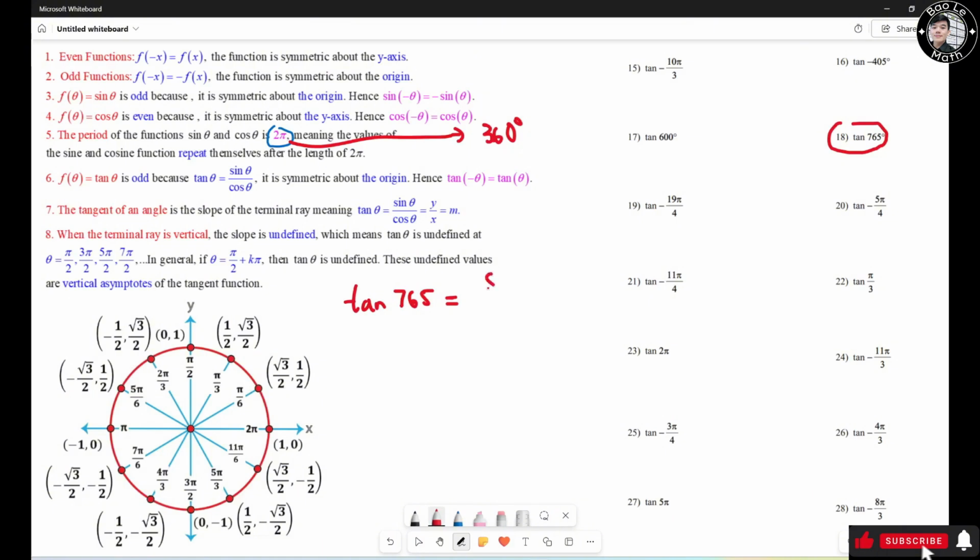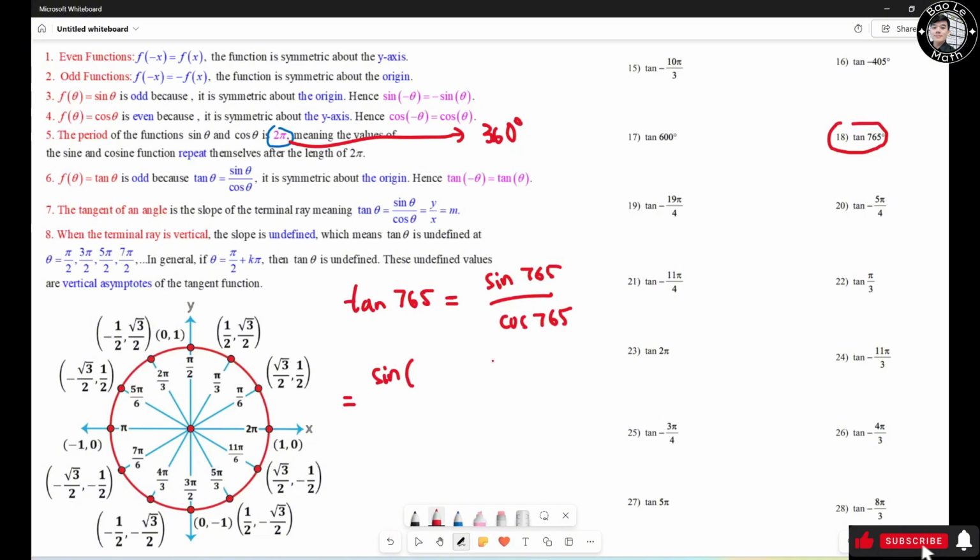So it's going to be sine of 765 divided by cosine of 765. Now, I can split this one into two integers, one of those divisible by 360.